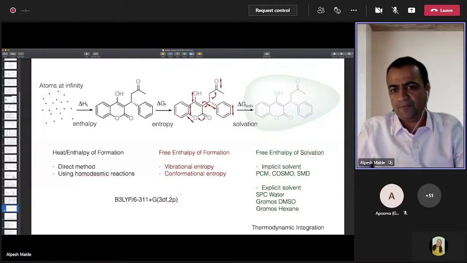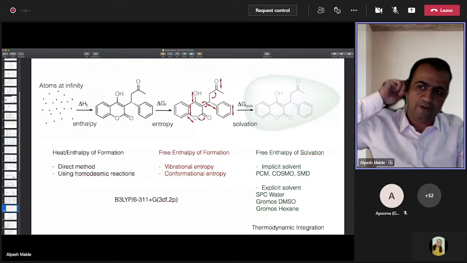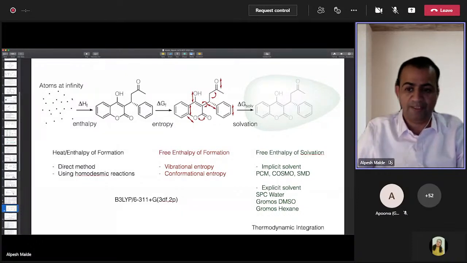And then we measure the free energy required for this molecule to be transferred into a solvent, which will give the solvation free energy component. So we are trying to look at this entire process computationally and see if we can make any sense out of those 20 or 40 tautomers which are more likely to be present in a given environment.